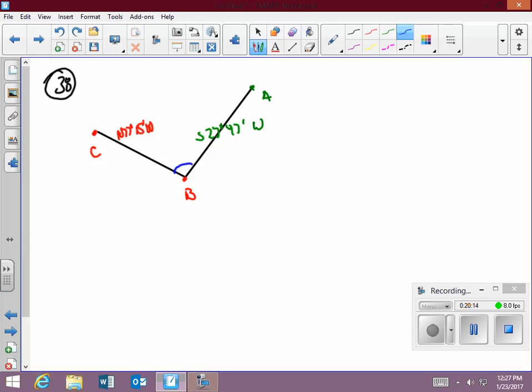So this red one, it says north 77 degrees, 15 minutes west. Well, the only thing that makes sense there is that if you draw a north-south line through there, this is the angle that they're measuring, north 77 degrees, 15 minutes west.